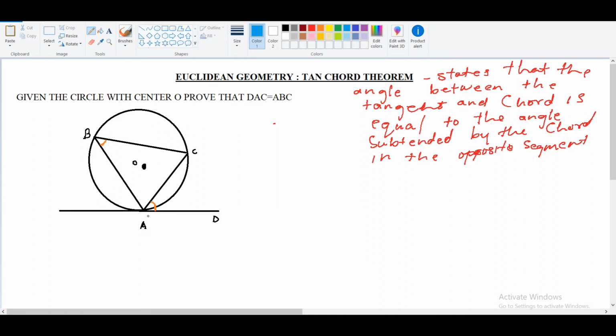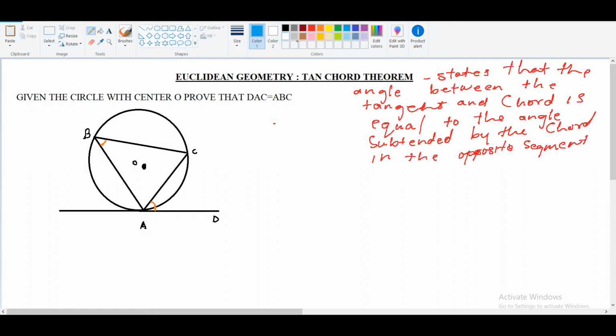So you have a chord and a tangent. They create angle DAC. We need to prove that the angle between the tangent and the chord is equal to the angle that is subtended by the chord in the opposite segment.